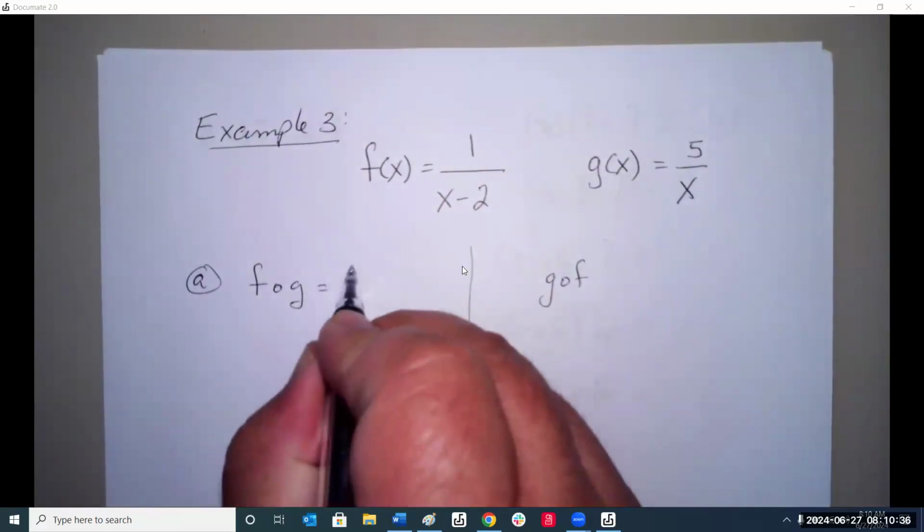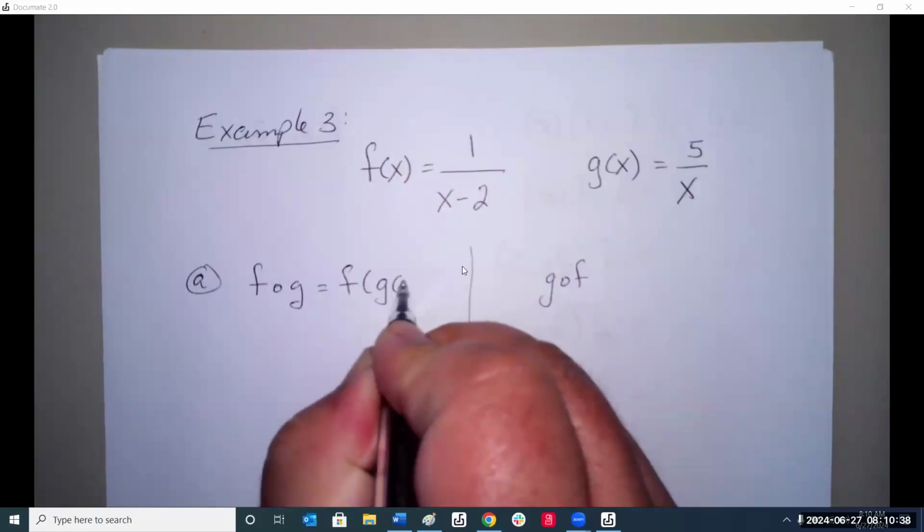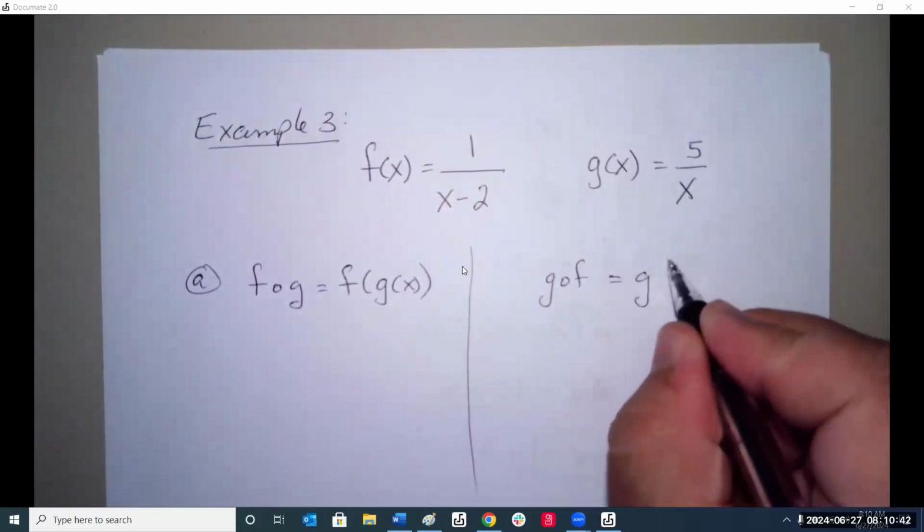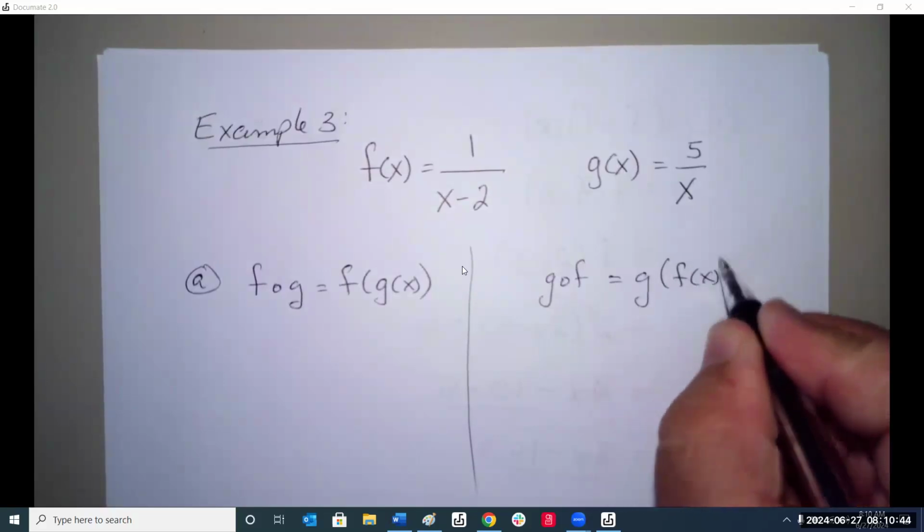Remember, this means f of g of x. And this means g of f of x.